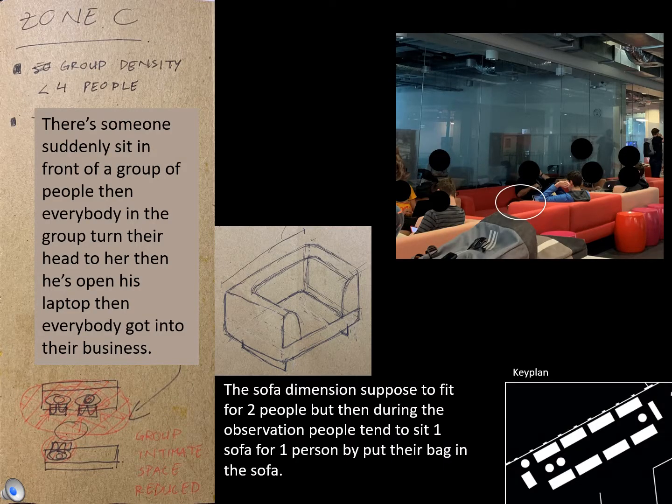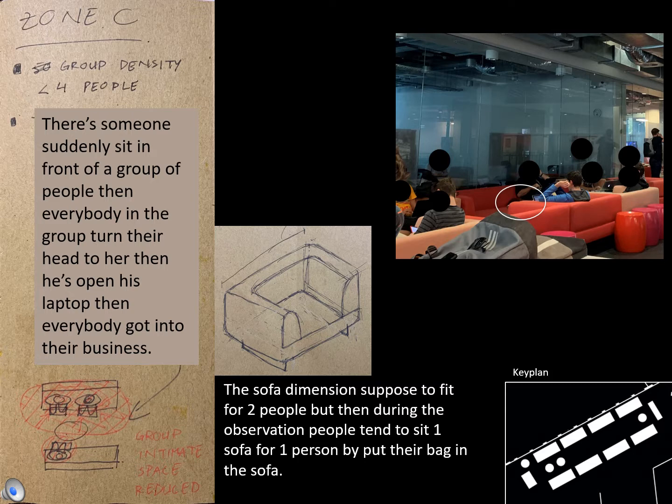In zone C, there is more group density than individual density, so there was an interesting encounter. Someone suddenly sat in front of a group of people, and everybody in the group turned their head to the person. Then when the person opened his laptop, everybody went back to their business.